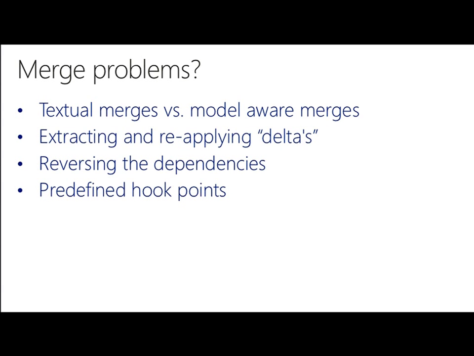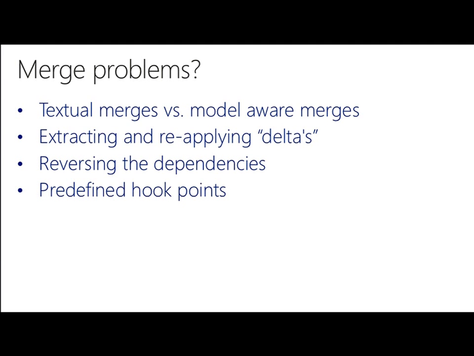Another thing is reversing the dependencies. This is coming from an architectural angle. One of the things that has always annoyed me about NAV is if I want to, let's say, customize the customer table or the customer functionality, I need to go to the customer code unit or table and do the modification there. And that's kind of wrong.